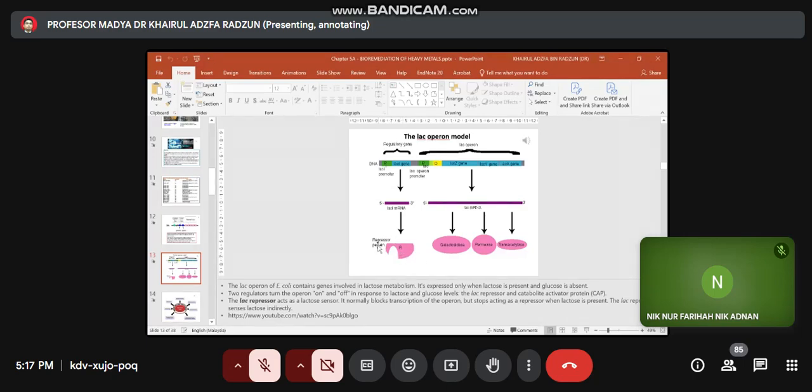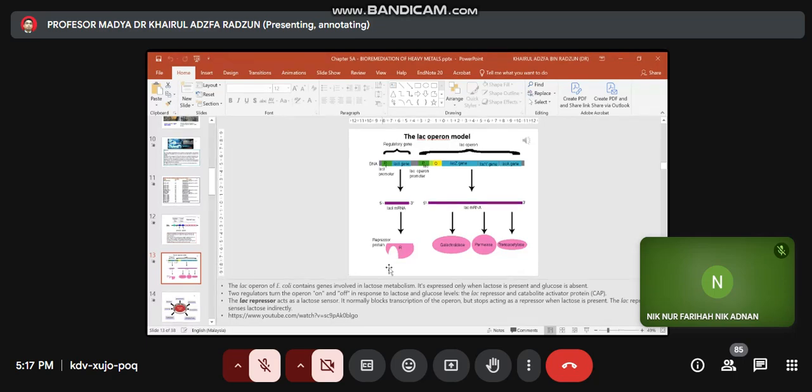So when the repressor is needed, when the system doesn't detect the metal anymore, this repressor protein will stop the production of galactosidase, permease, and transacetylase. It will repress the expression and eventually stop the production of these enzymes, and the color change will no longer happen.